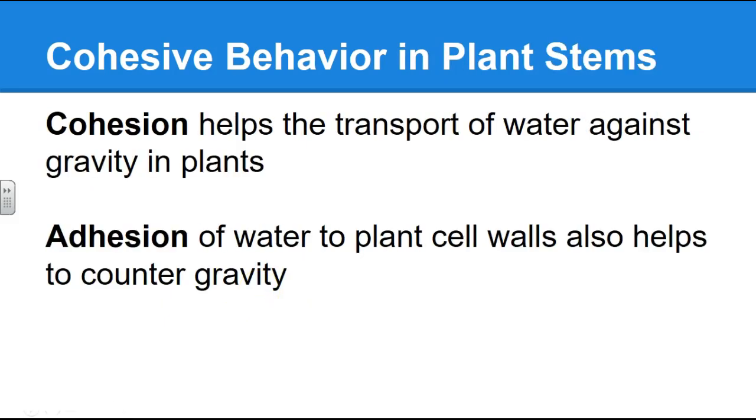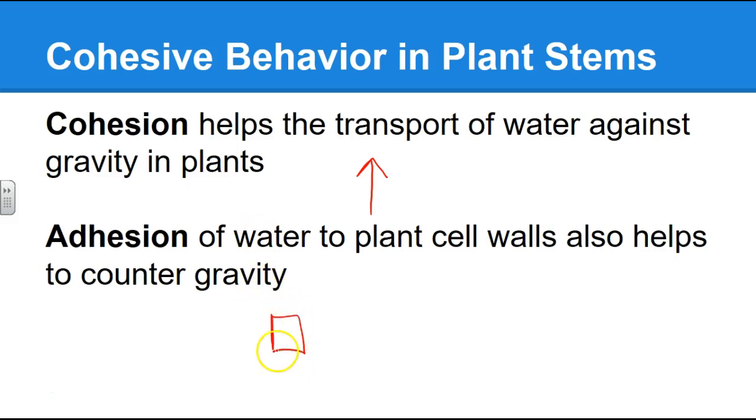An example of this is in plant stems, where cohesion helps the transport of water against gravity in plants. Water has to move up a plant, so it's moving against gravity, and it does that because of cohesion. For adhesion, the water will stick to the plant cell walls.